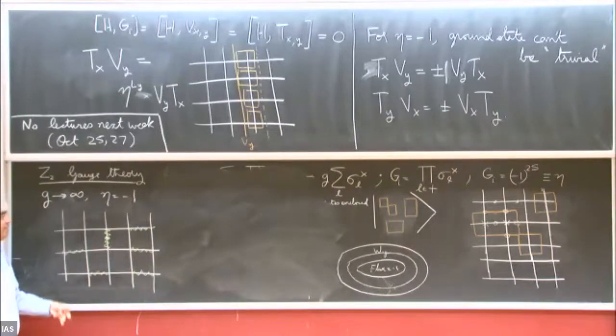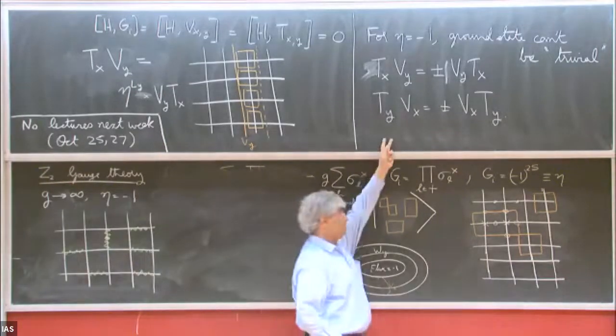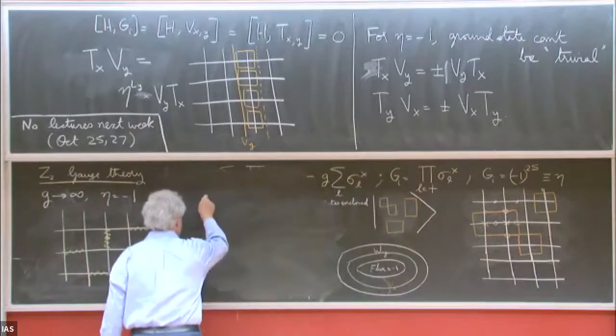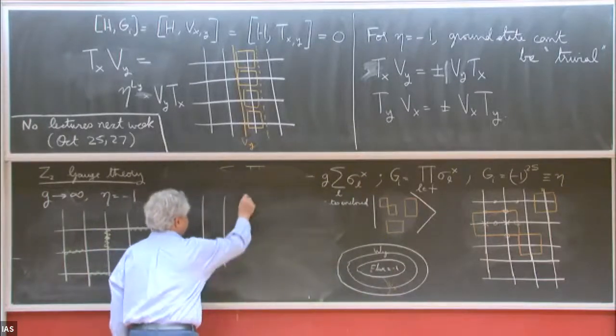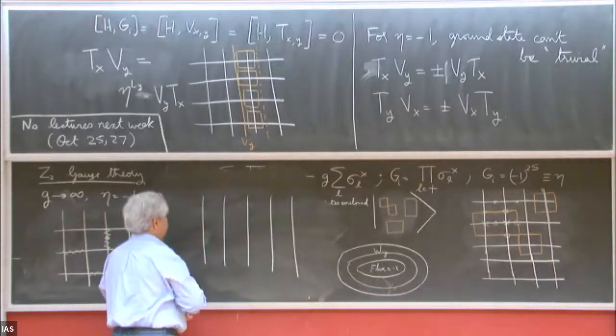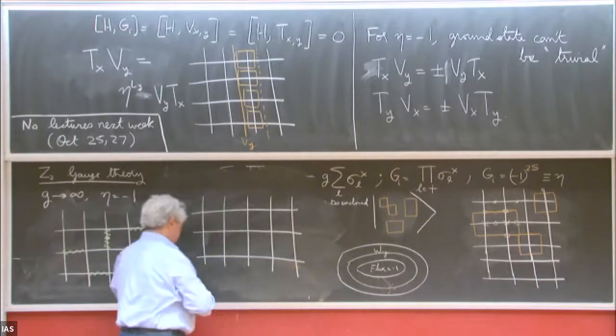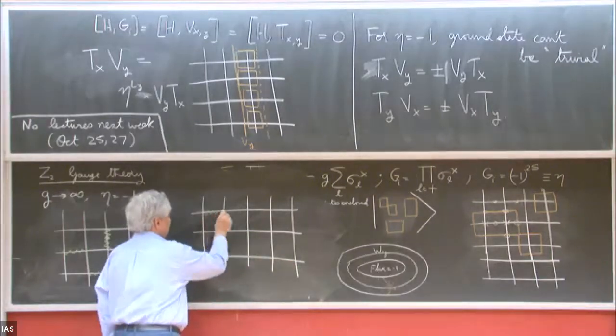It's not a liquid, as it was at small g, but a non-trivial state which will realize this algebra. A state like this would be something like this. So the dimers crystallize into some pattern, for example, this one.